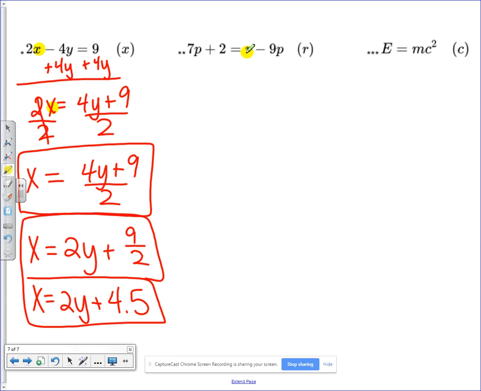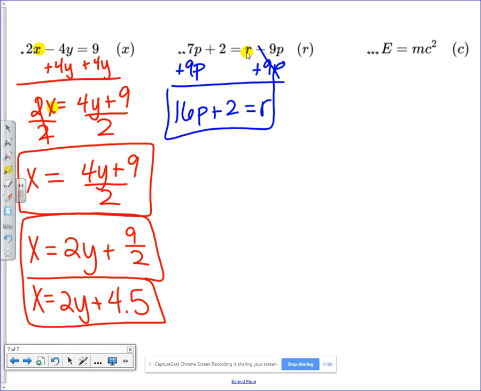It was just one step, right? What was that one step? No, what'd you do? Tell me what you did. And you got how many? Yeah, easy enough, right? Pretty good? Or it could be the other way around. 2 plus 16p is equal to r.